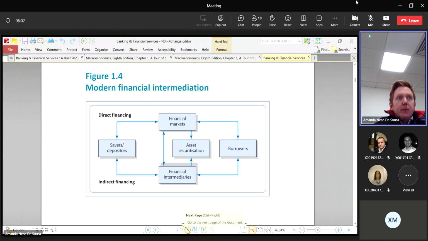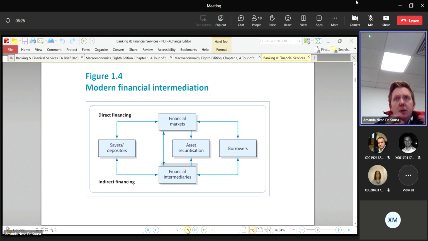Banks, who act as intermediaries in providing finance, as covered in the first slide, can also get direct financing from the markets as part of their funding mix, and also sell loan assets on the financial markets by packaging them up into marketable instruments.